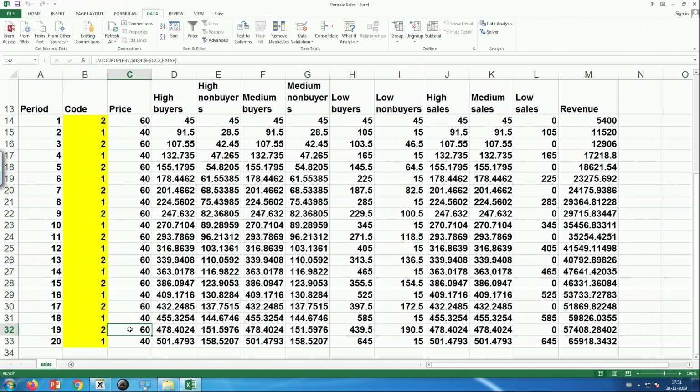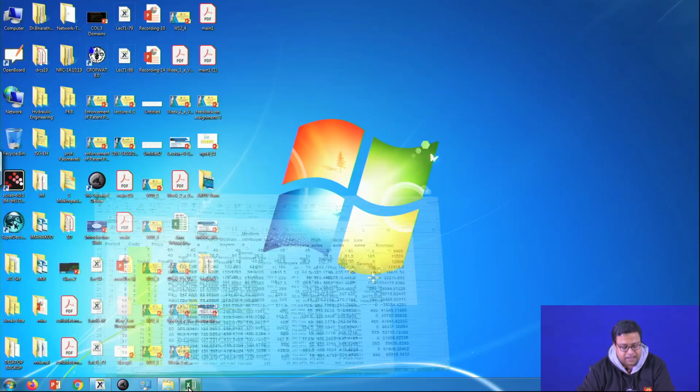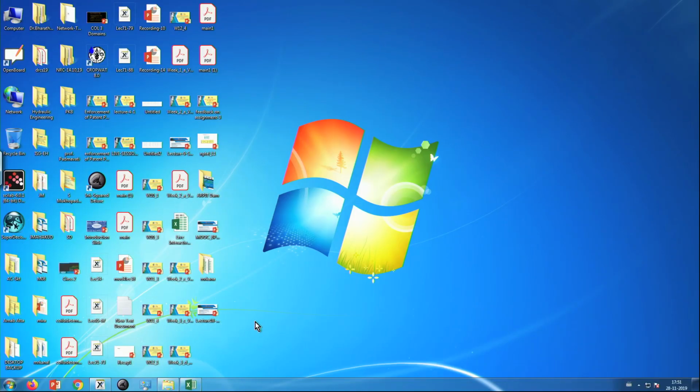In the non-promotion period, majorly the high buyers buy, and the promotion period is majorly where the low buyers buy. High buyers also buy, but the low buyers are something that you try to track. So, this is also a classic sales promotion problem that is available in the market, and we try to solve it using this.